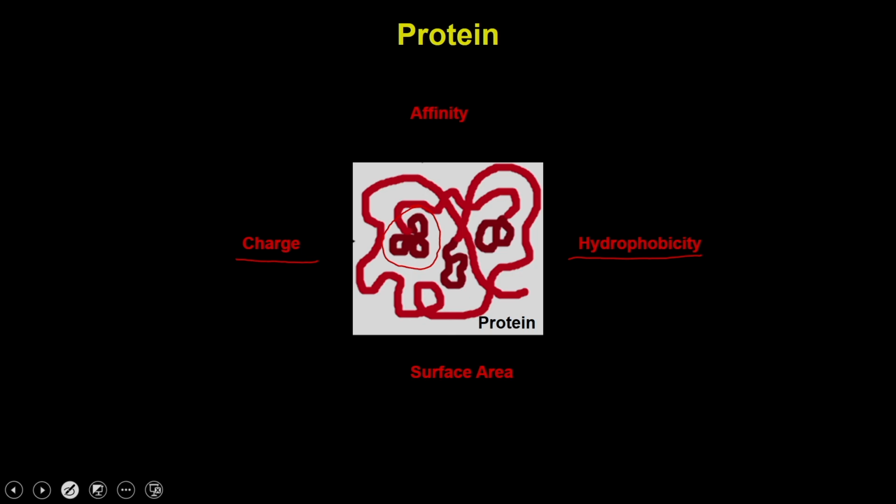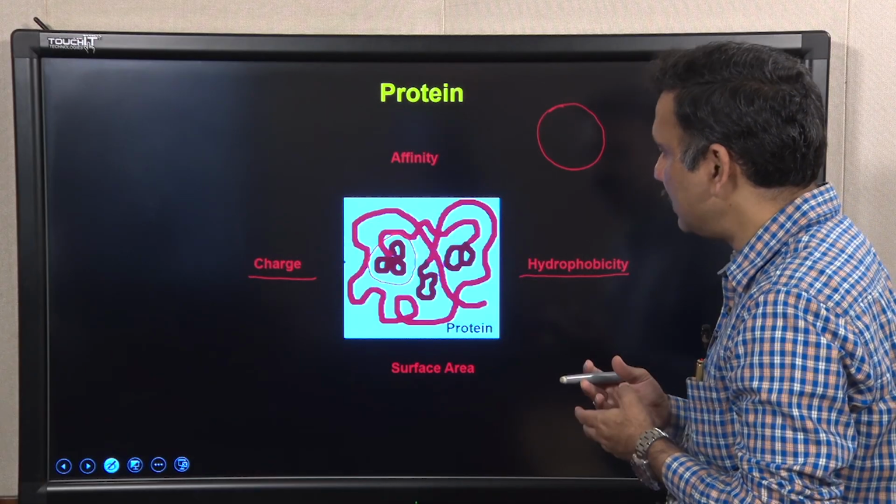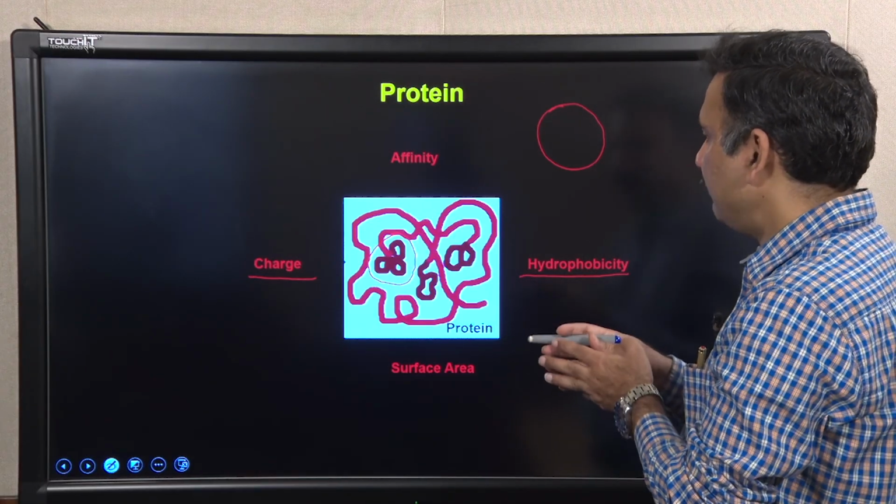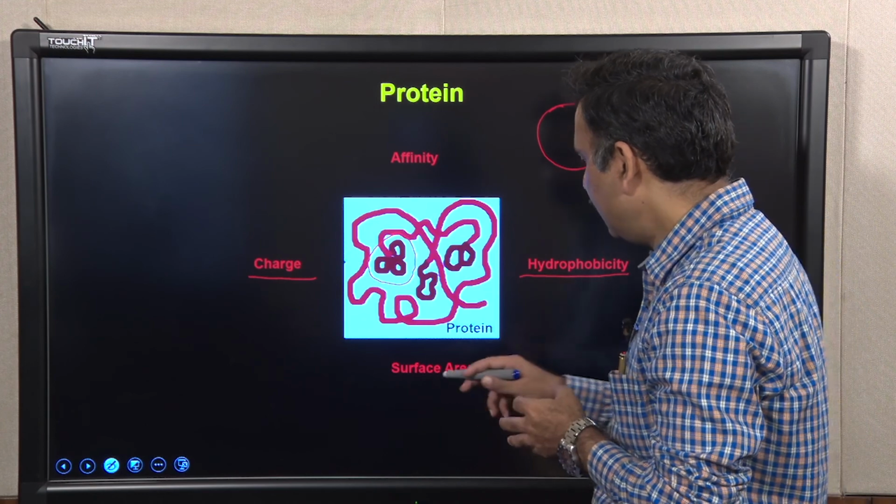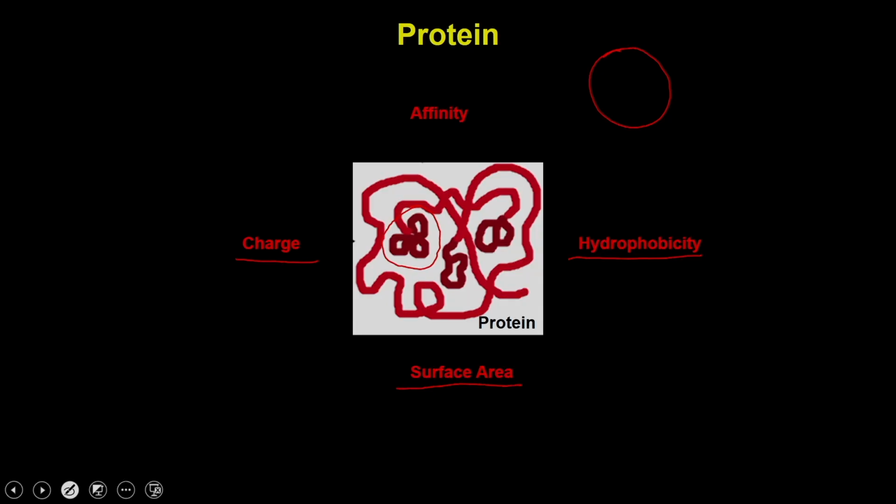Apart from that, the protein maintains a 3-dimensional conformation, forming small ball-like structures which have a definite surface area corresponding to the length of the amino acid chain, or indirectly to the molecular weight. That surface area is also a property which can be exploited in chromatography techniques.